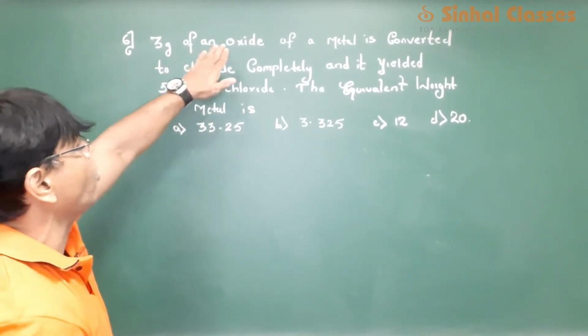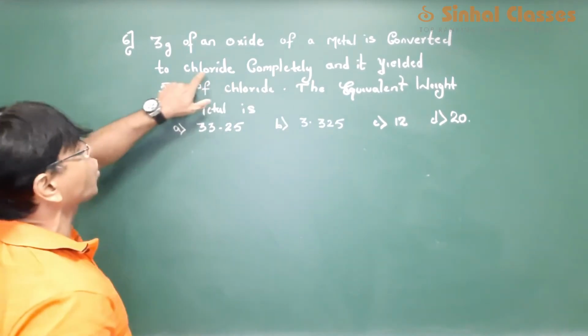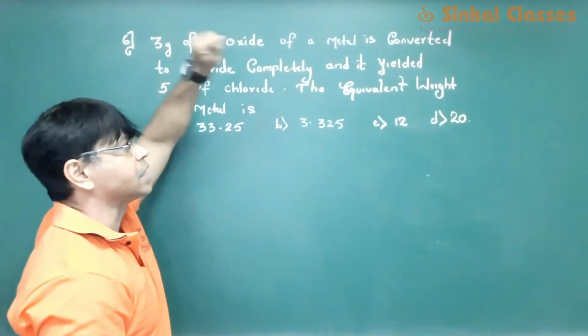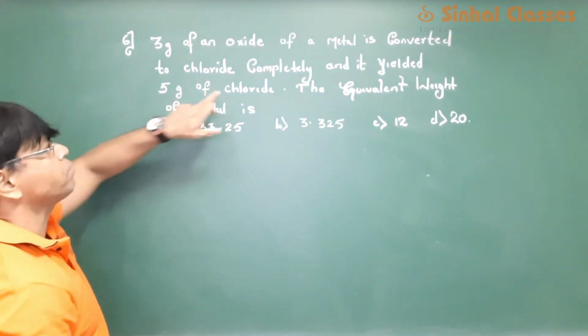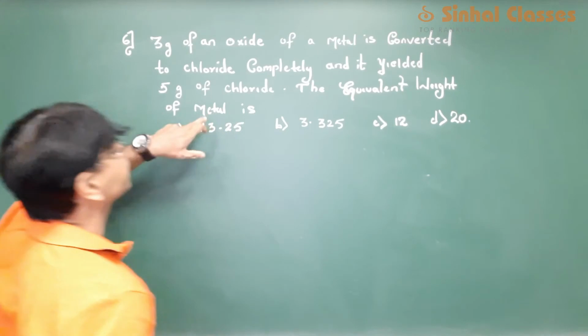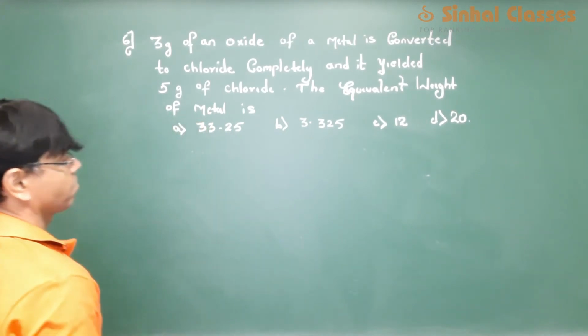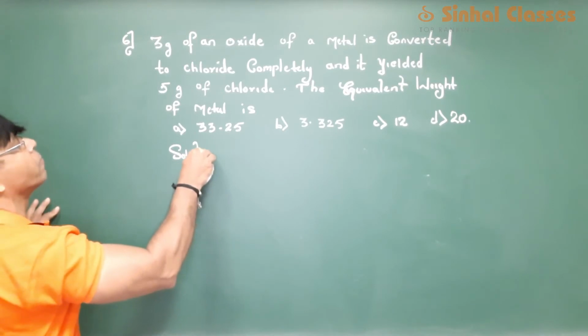3 grams of oxide of a metal is converted into chloride completely, and it yields 5 grams of chloride. The equivalent weight of the metal is. Now, how will you solve this question? Very simple.